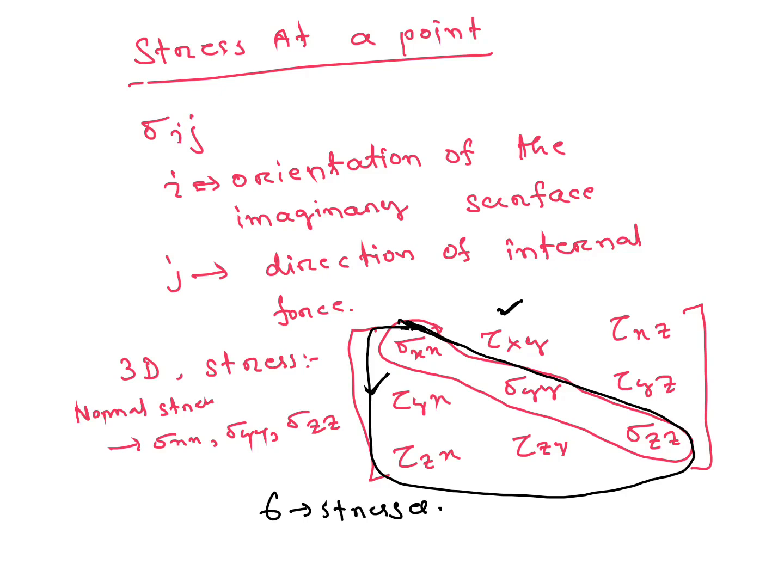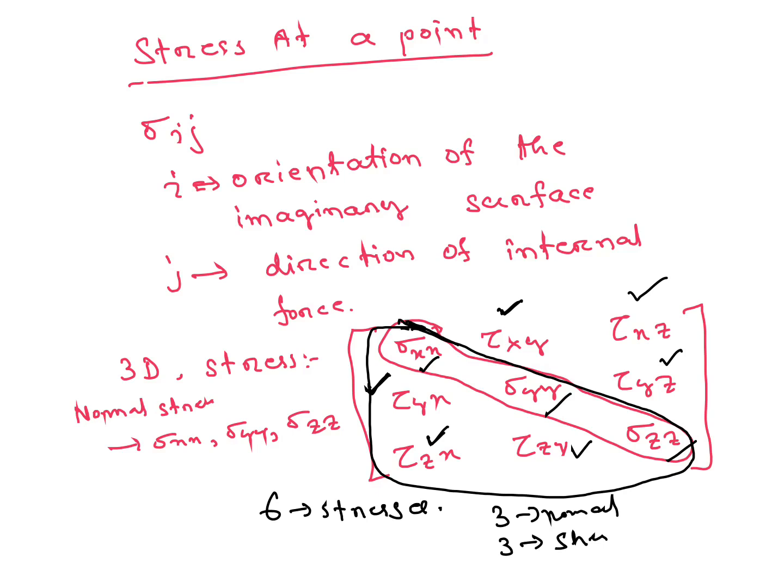Then both are same, so you take 1, and from here and here both are same, so you take 1. From these two you take 1, so 3. Total 3 normal stress components and 3 shear stress components. Total is 6 components for 3D stress element.